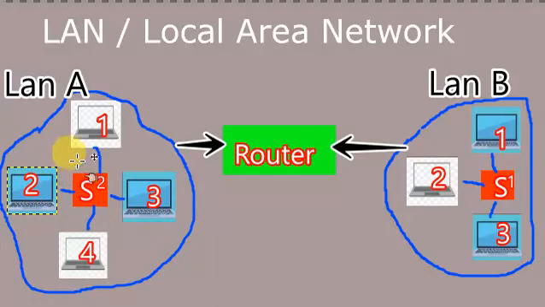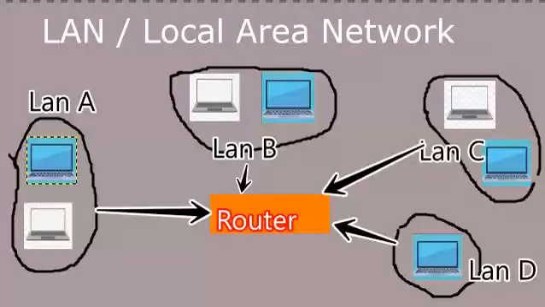But in this page here, we just want to learn about the router. So it's the router that will connect local area networks together. A router connects multiple LANs. Router acts as a gateway to other networks within a limited geographical span.